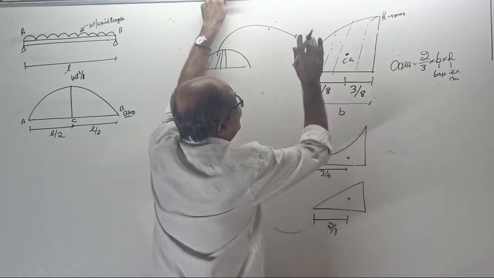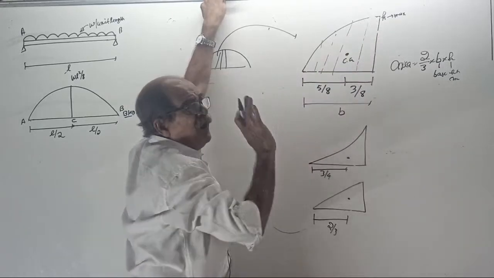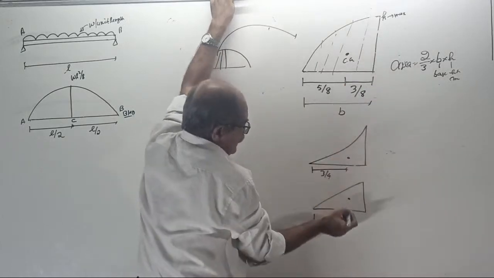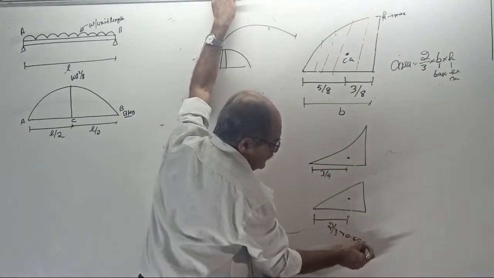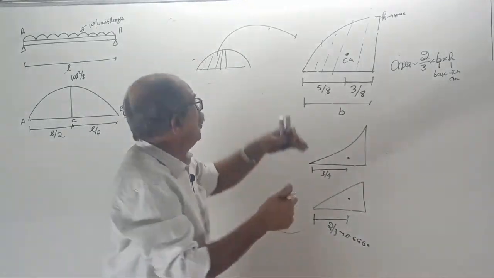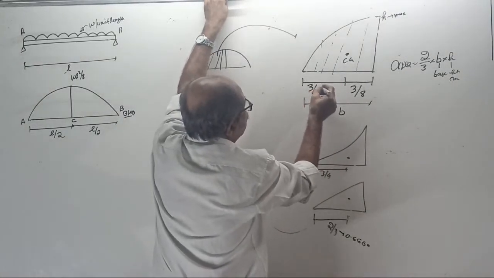One thing guaranteed: CG is little that side. Why? See, one thing guaranteed: more area that side. So for the entire area, see, triangle. This is 2/3, which means 0.6667. This is 0.625. Slightly this side.